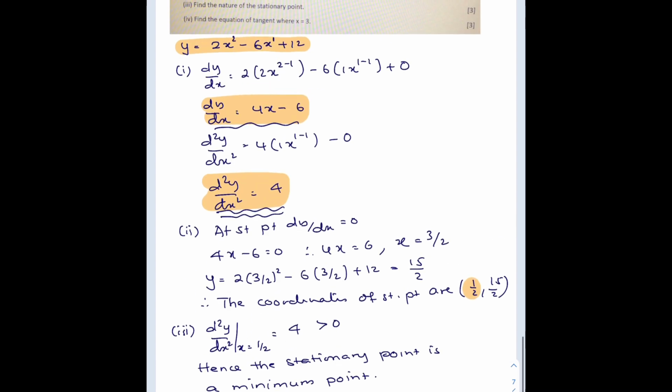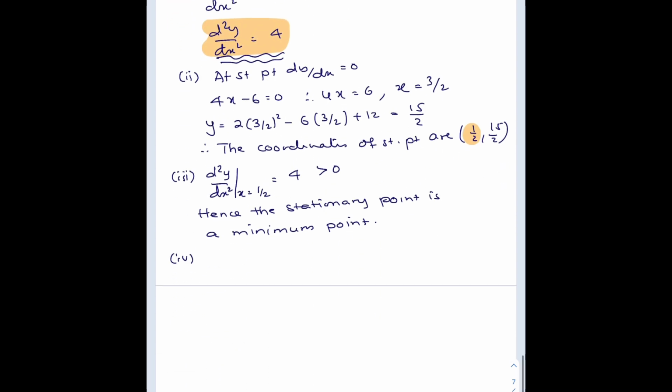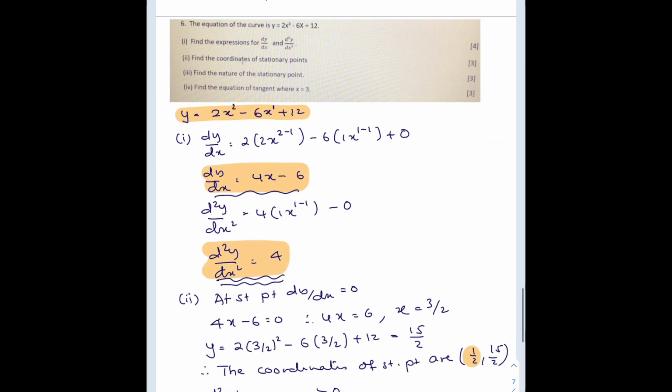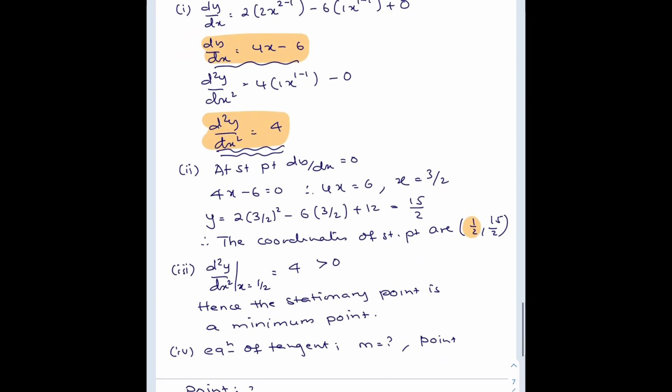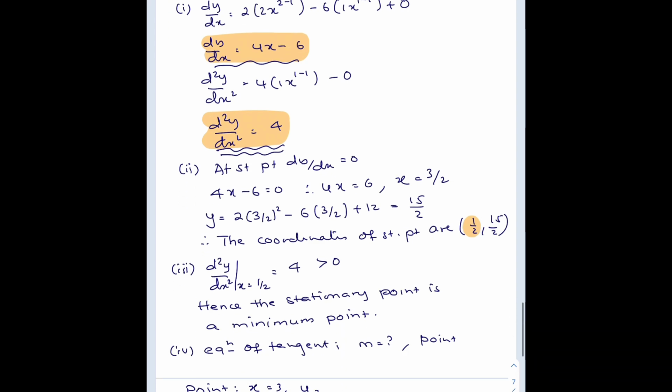Let's try the next one. Number 4. Find the equation of the tangent where x is 3. Now tangent is a line. So for the equation of a line, I need a gradient and I need a point. Now the point is where x is 3, but that means I need a y coordinate.